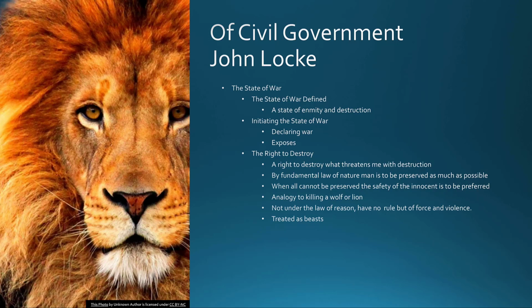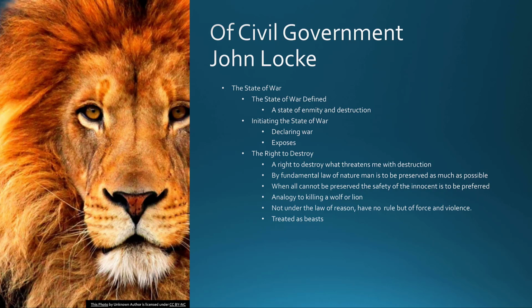His reasoning is this. He claims, as philosophers often do, that the view is reasonable and just, and what is reasonable and just in this case is to have a right to destroy what threatens me with destruction. And underlying this is Locke's view that there is a fundamental law of nature, which we saw earlier, that man is to be preserved as much as possible. So how does this justify destruction in some cases?